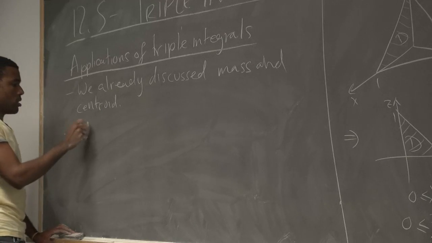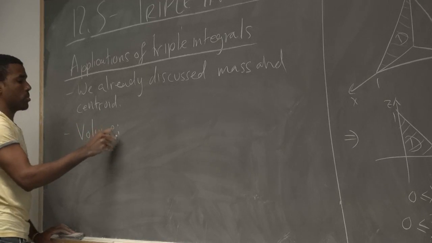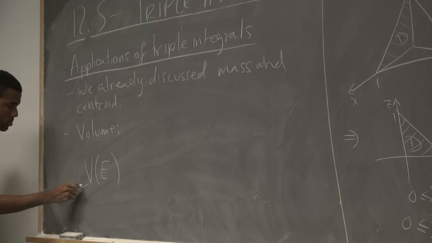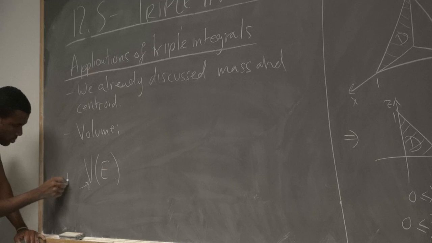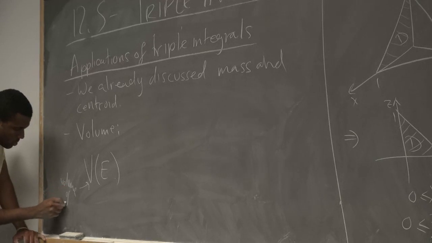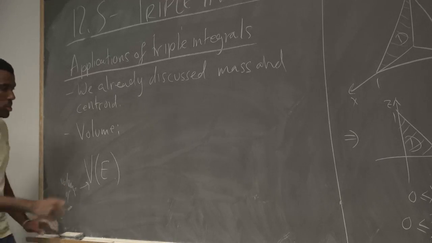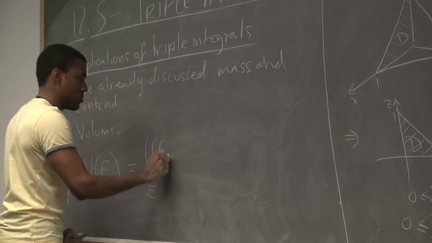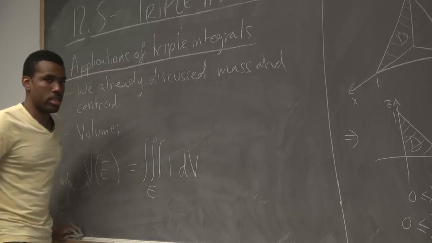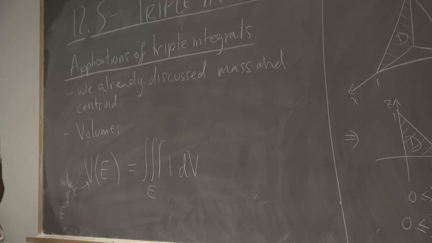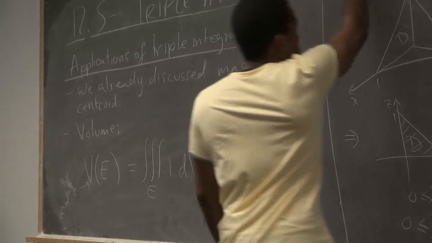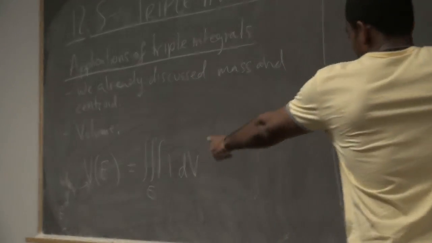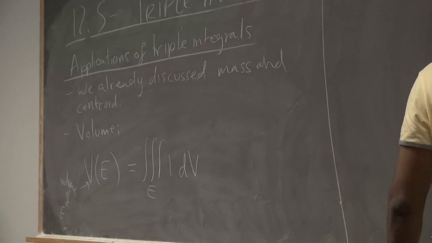The other application is volume. The volume of E. Volume of E as a triple integral is what? Again, it's just a function of 1. Just like how you can find the area by the double integral of 1, you can also find the volume by the triple integral of 1.